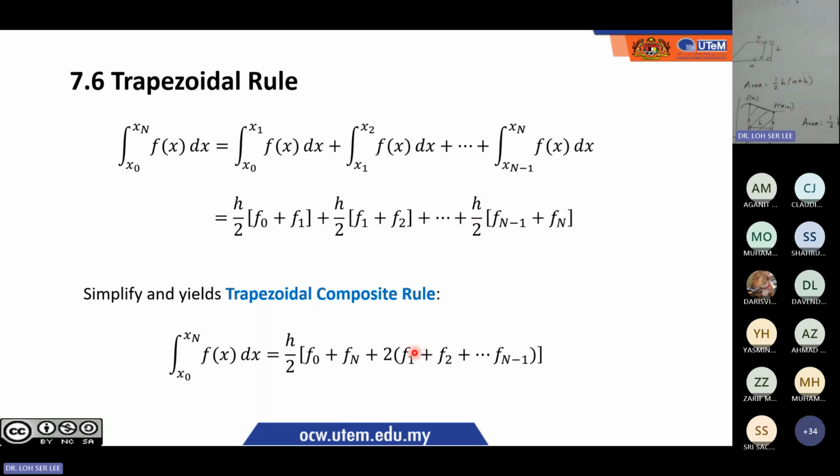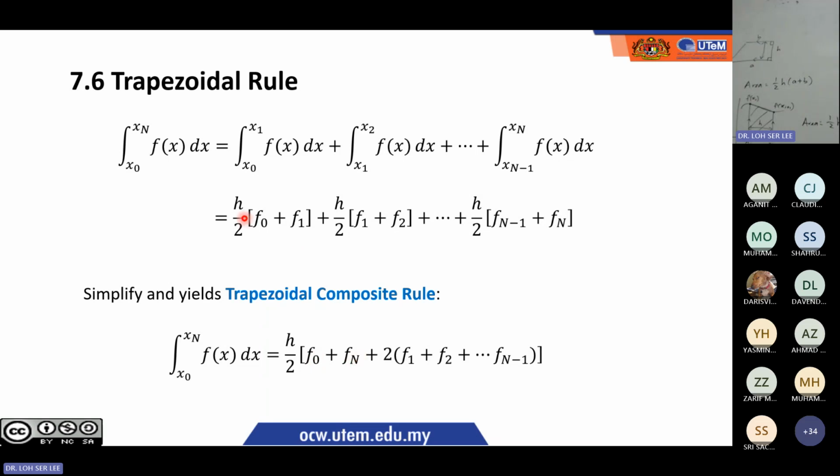So f1 up to the second last f, you need to multiply by 2. And for the first one, f0, and the last one, fn, you just sum up the head and tail. I call the first one the head, and the last one the tail.